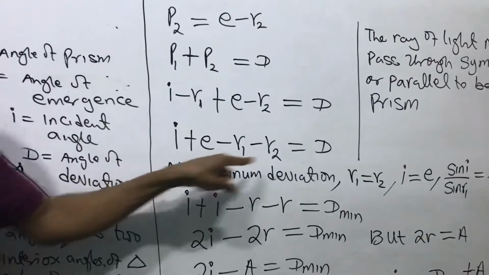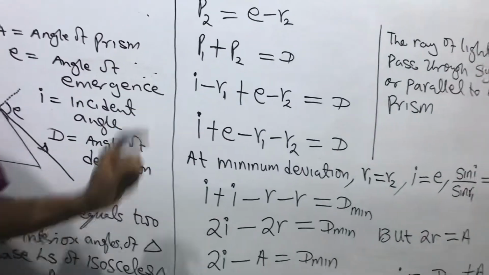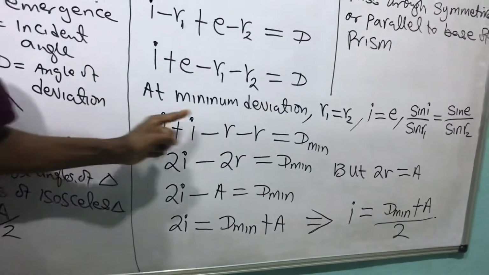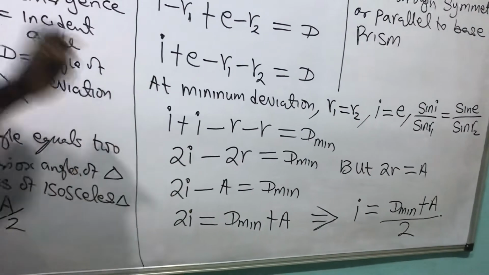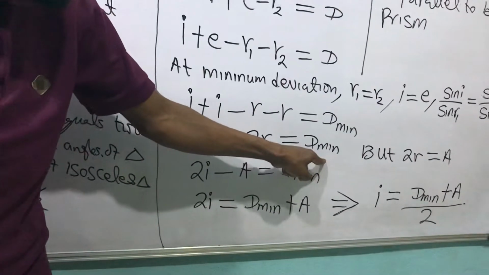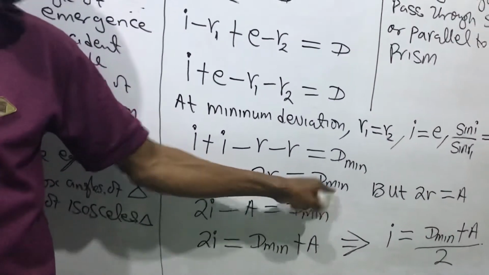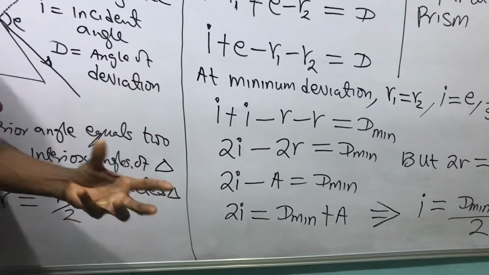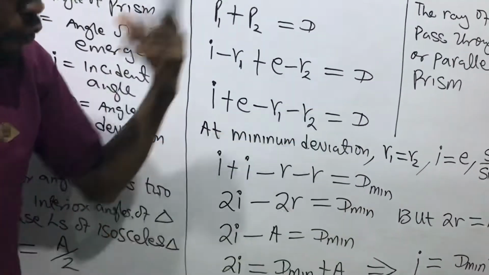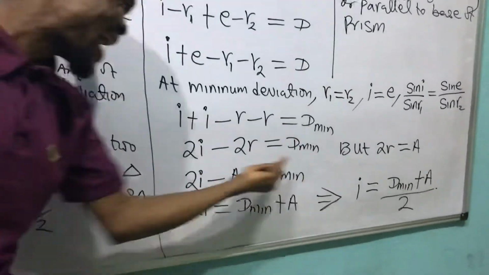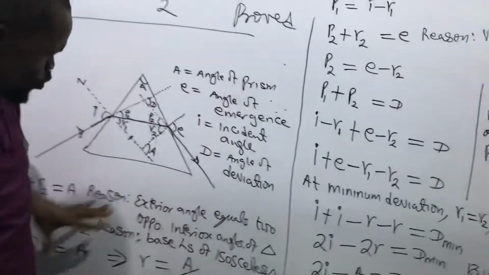Again, at minimum deviation, immediately we mention minimum deviation, this will turn to this. We will see the subsequent question that will bring us to the application of this, and that's the reason why we are proving this.